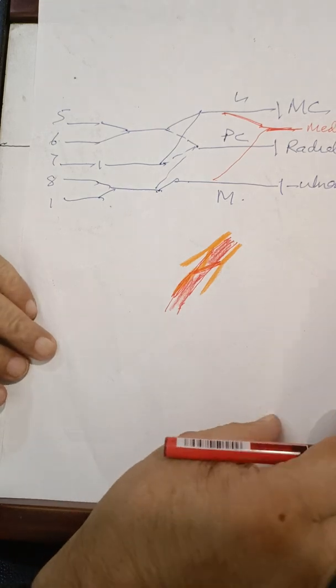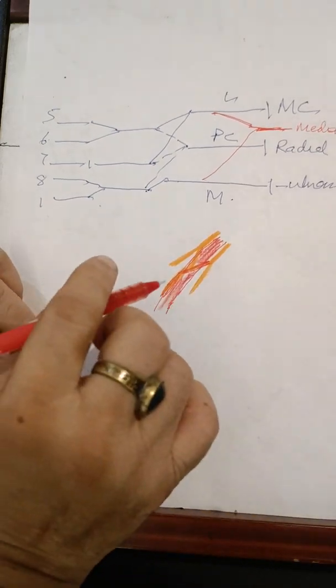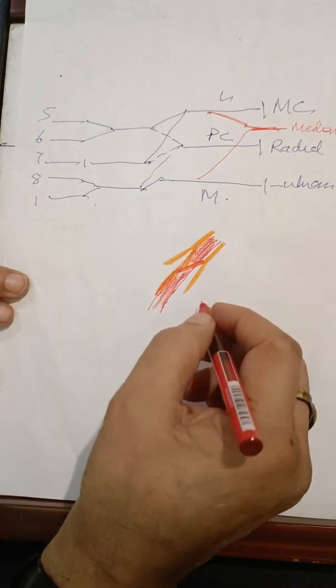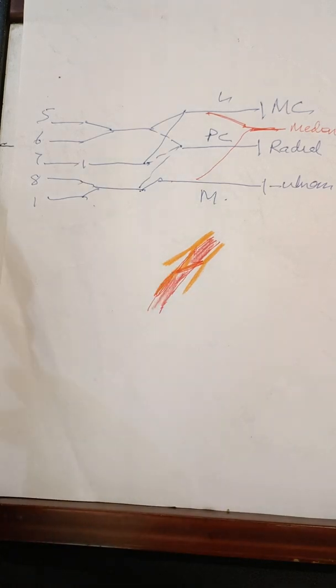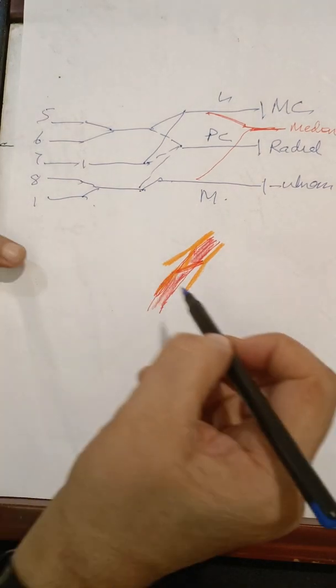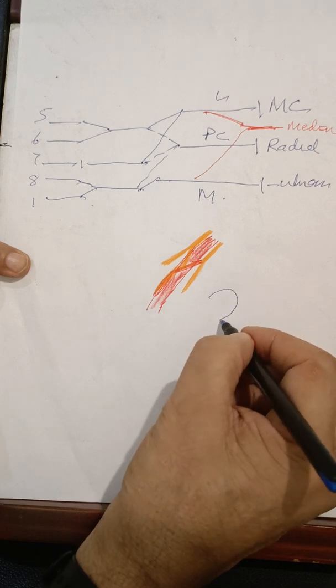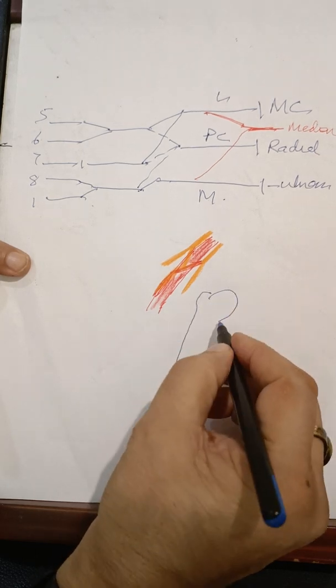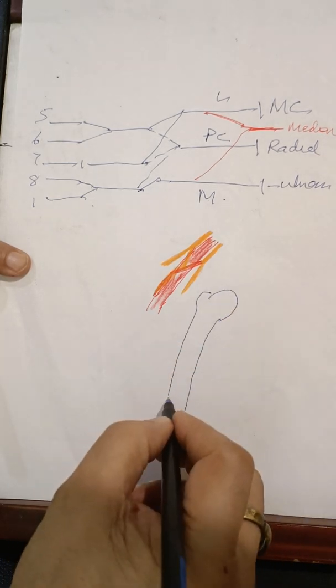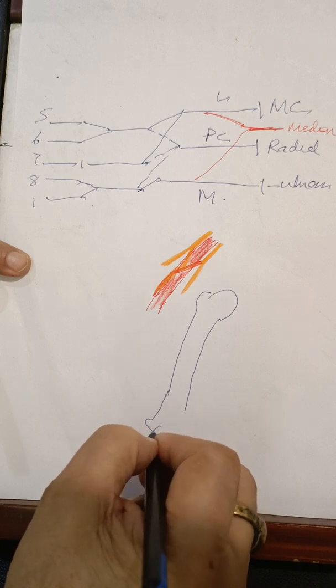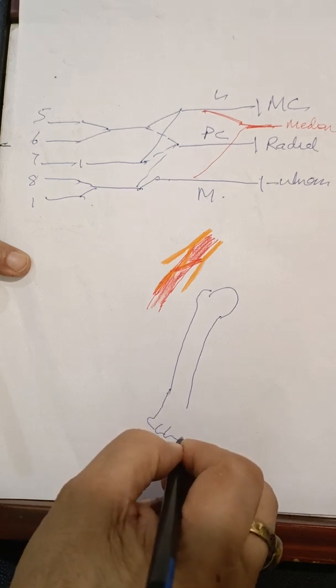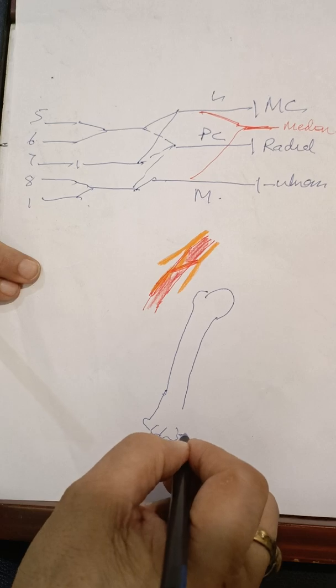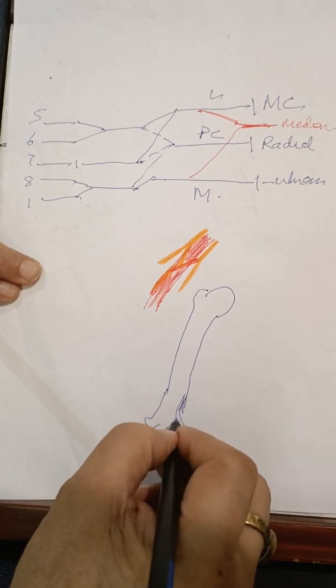Now in the middle of the arm, we'll make the humerus, the lateral condyle, the capitulum, the trochlea, and the medial epicondyle.